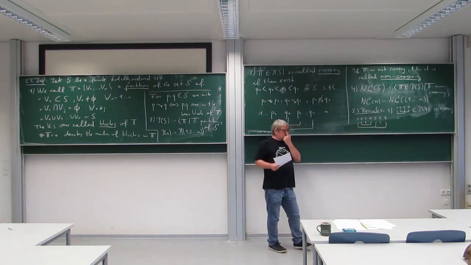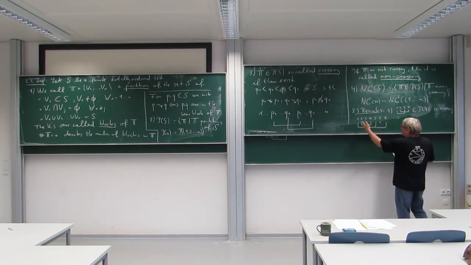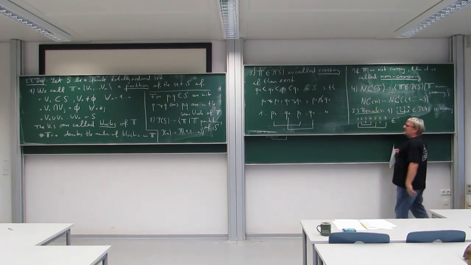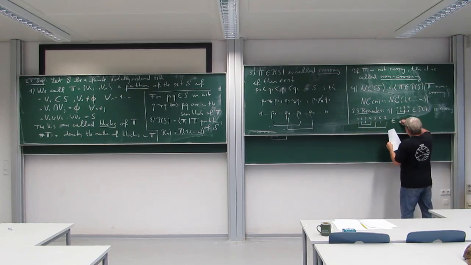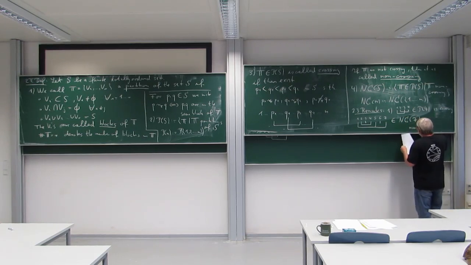So this is a non-crossing partition. This is first a partition of 7 elements, or of the set 1 up to 7, but it's actually non-crossing, because you don't find any two blocks which have this crossing behavior. Of course, this means it's non-crossing.